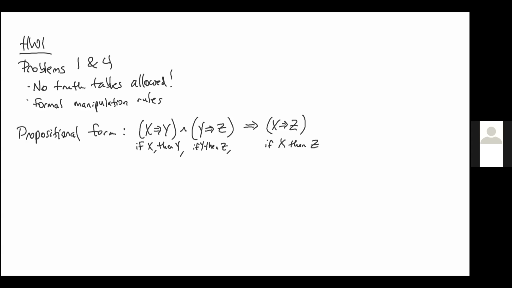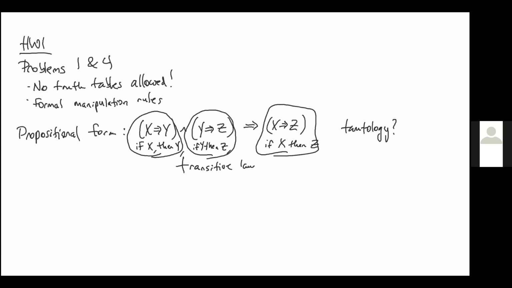And as the homework is asking, I would like to know, is this a tautology? Meaning, is it always true, regardless of what values I choose for x, y, and z? The answer is yes. This is actually what's called the transitive law. That says, if this holds and this holds, so x implies y and y implies z, then indeed x implies z.